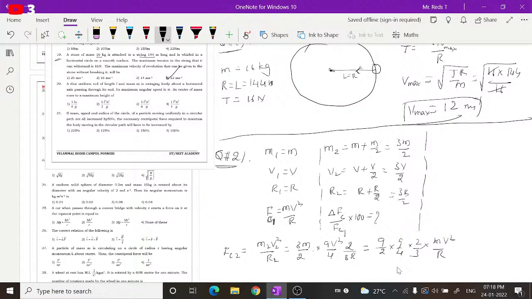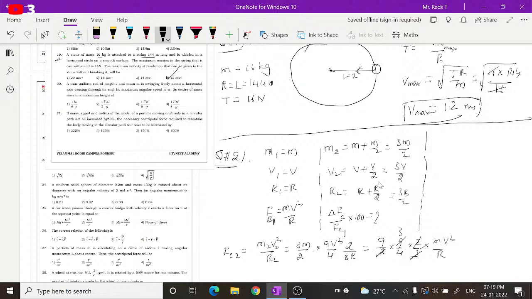So can you cancel this further? Any terms can cancel? This 2 gets cancelled, 3 times gets cancelled. Anything else? This cannot cancel. So what does it become then?